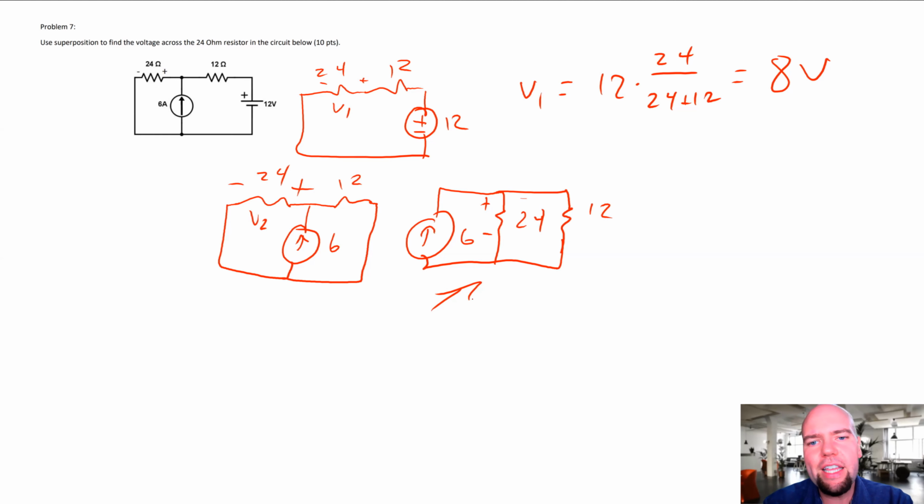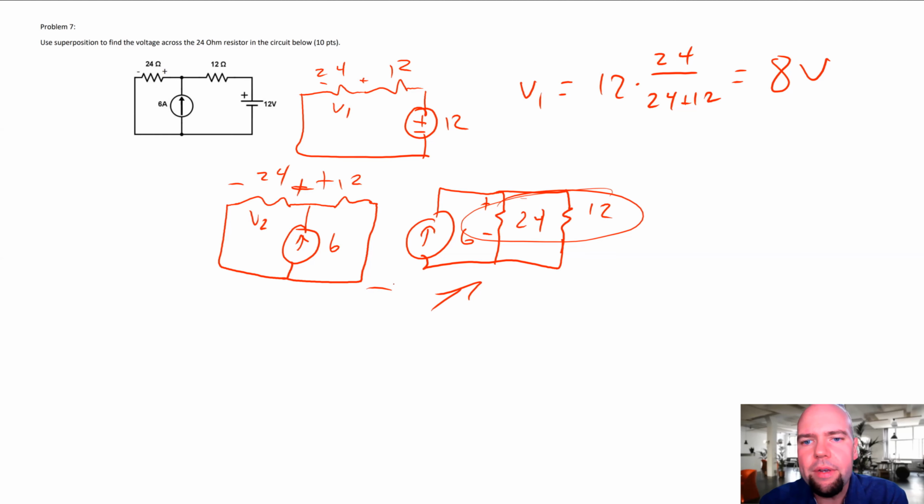It also helps me see that if I'm trying to find the voltage across this 24, that's the voltage across both of these, right? The voltage across the 24 is also the voltage across the 12. So the 12 and the 24 in parallel, I need to know the voltage across both of them.